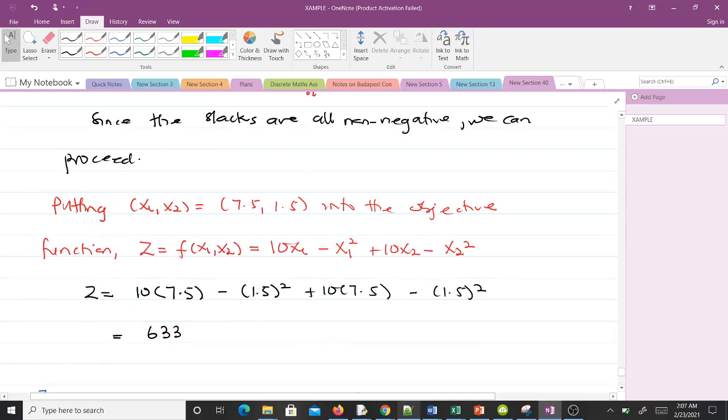So putting x1, x2 equals 7.5, 1.5 into the objective function, we are going to compute the functional value of Z. So that means we'll get 10 times 7.5 minus 1.5 squared plus 10 times 7.5 minus 1.5 squared. If I did the computation right, I'm supposed to get 633.